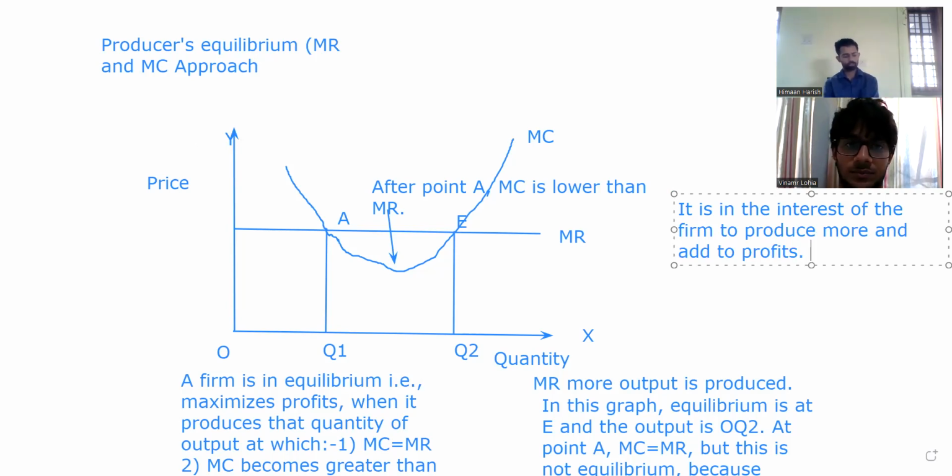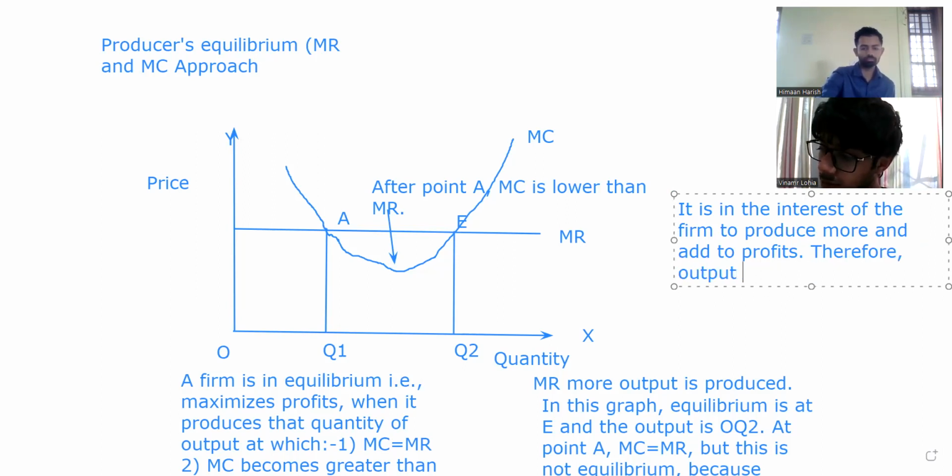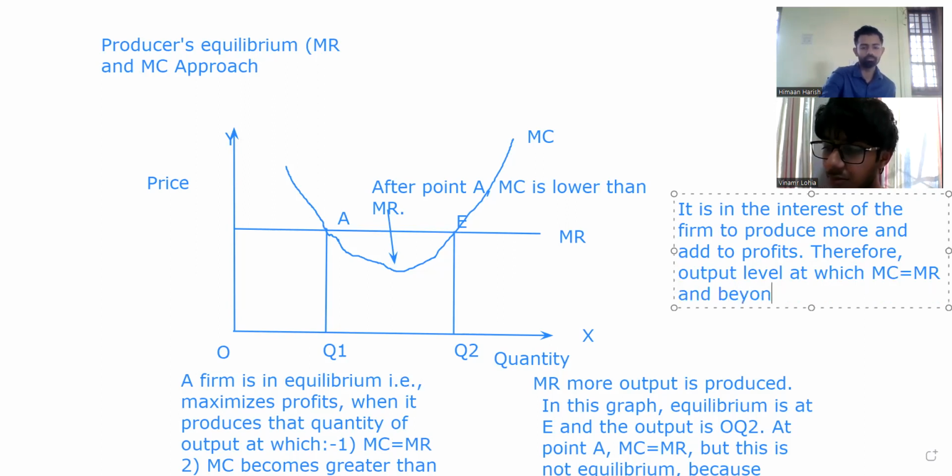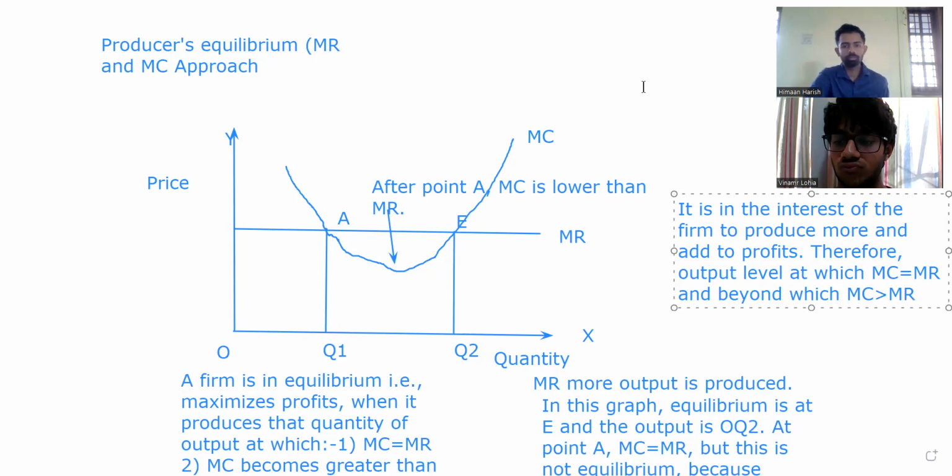Therefore, output level at which MC is more than MR. Where is MC more than MR?